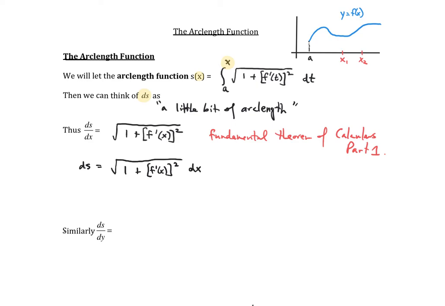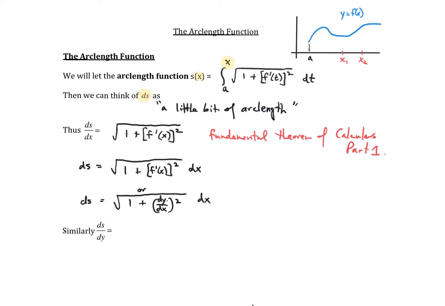Okay. Now, I can rewrite this as well using Leibniz notation. So I could also write this ds as equal to the square root of 1 plus dy dx squared dx.